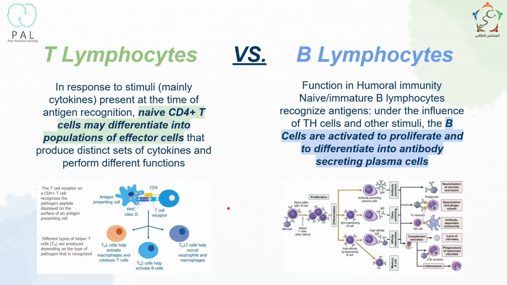A naive CD4 T cell may differentiate into populations of effector cells. So a CD4 T cell is naive. It's non-specific in any way. However, after stimulation, it can evolve into one of three, either Th1 cells, Th2 cells, or Th17 cells. Each one of these produces a distinct set of cytokines and have different function, a specific function.